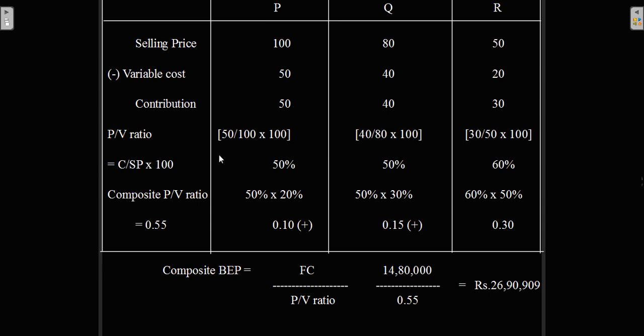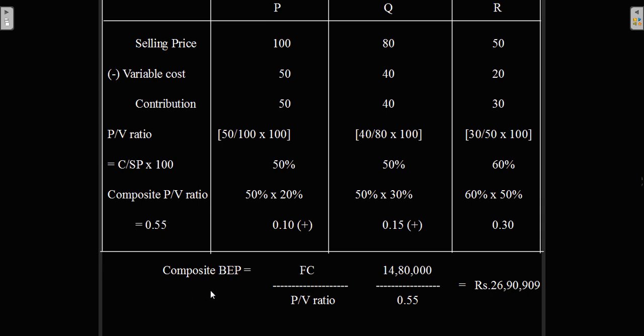PV ratio is contribution divided by selling price. So we are finding the PV ratio for each of the products and multiplying the individual PV ratio by the weightage given. And we are adding each of the answers, like 0.10 plus 0.15 plus 0.30, which will give you the composite PV ratio of 0.55.